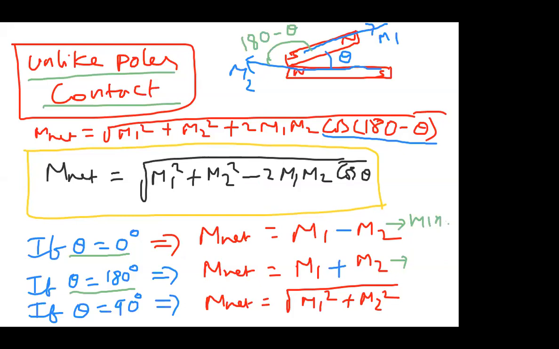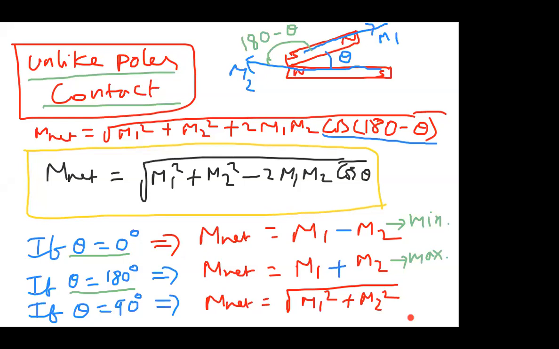Theta equal to 180 gives the maximum value. It is reverse from the previous condition. But theta 90, cos 90 is 0, so the theta equal to 90 condition is not affected.